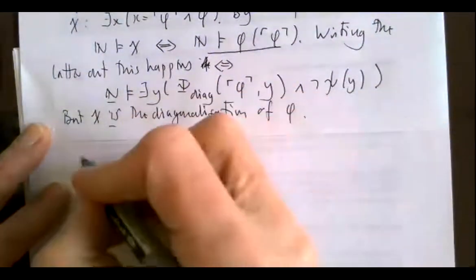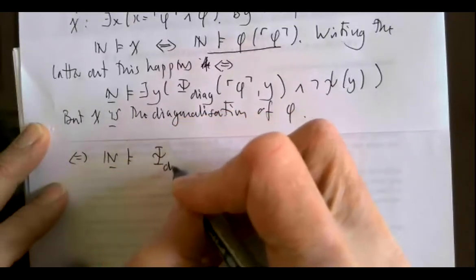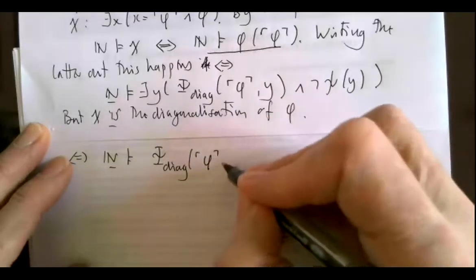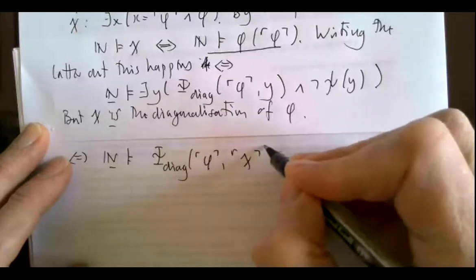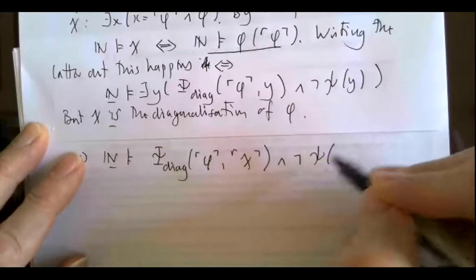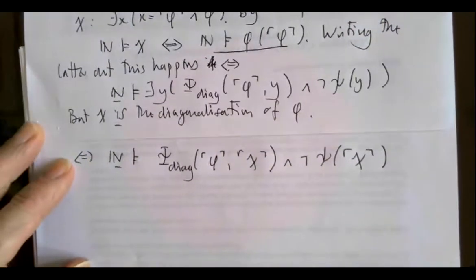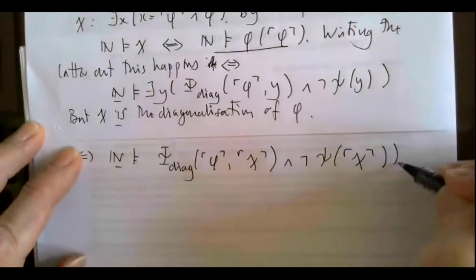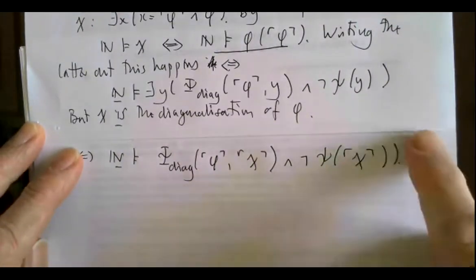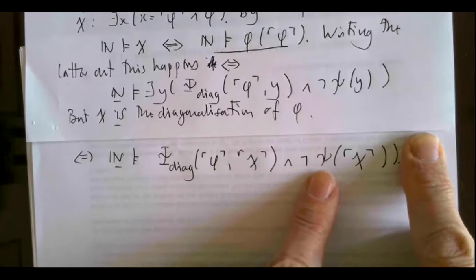Okay. So this happens if and only if chi is the diagonalization of phi here, and not psi holds of it.